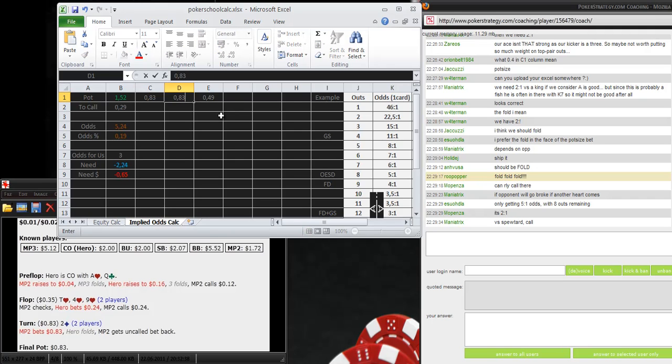We have to call 83 cents, and this means for just a flush draw, since we can't be really sure that all the overcards are very clean, and even sometimes we have to discount any kind of pair board outs, as a heart, for example, might give him a full house, and therefore we might even have to discount.